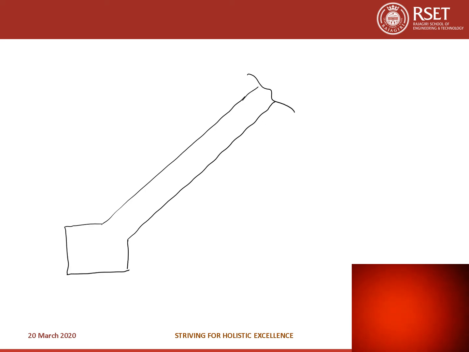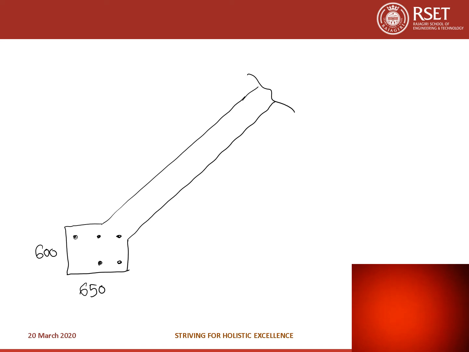Now let's do the detailing of the conical dome. Let me draw the dome first, and this is the ring beam. Ring beam size is 650 by 600 mm, and you have to provide 6 bars of 22 mm diameter in the ring beam.